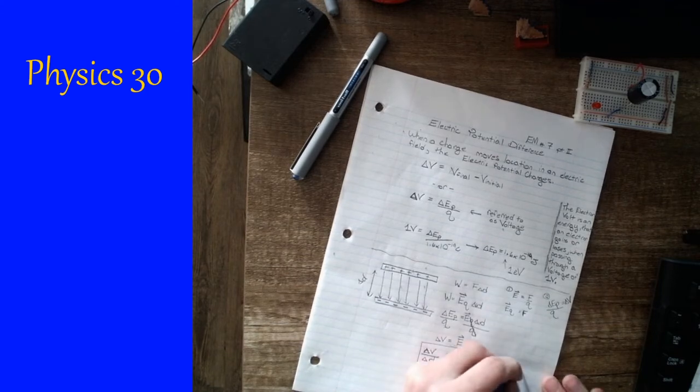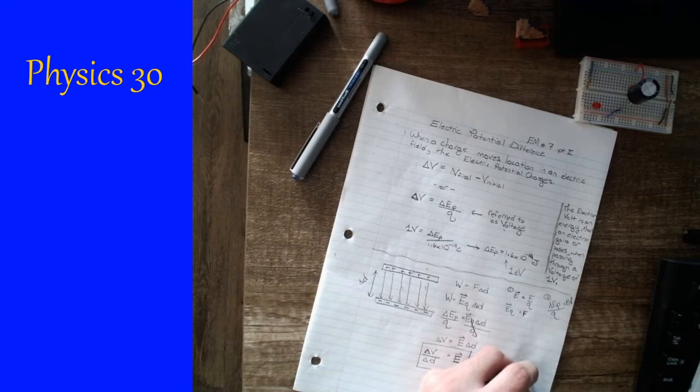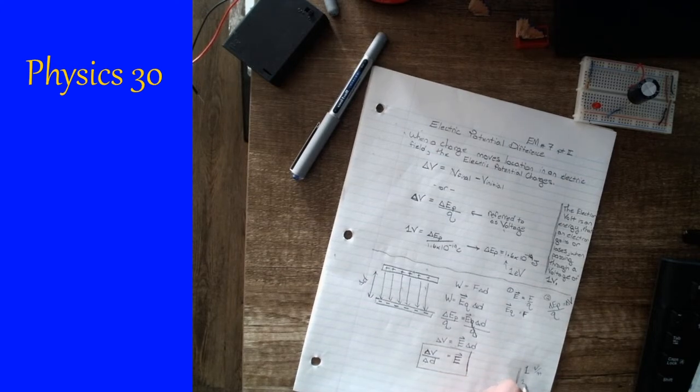It's also worth noting that this electric field can be thought of as 1 volt per meter. And a volt was also considered to be a joule per coulomb.